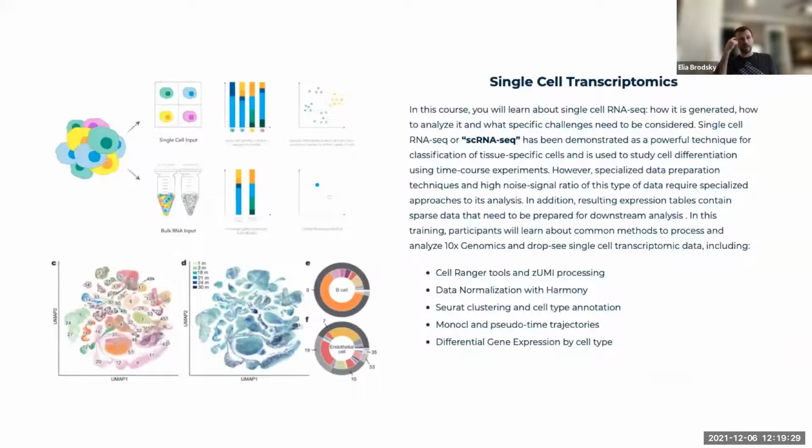Now, the second example is single cell transcriptomics. Single cell genomic data analysis and transcriptomic data analysis have become an important focus to really understand in detail what happens at the individual cell level and how different cells describe conditions based on the proportion of types of cells.